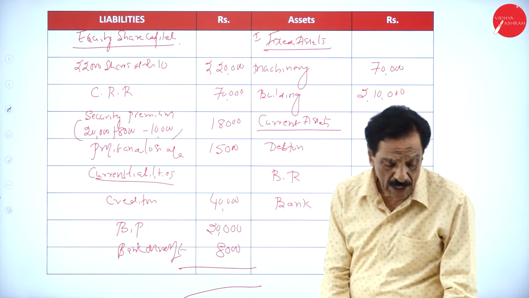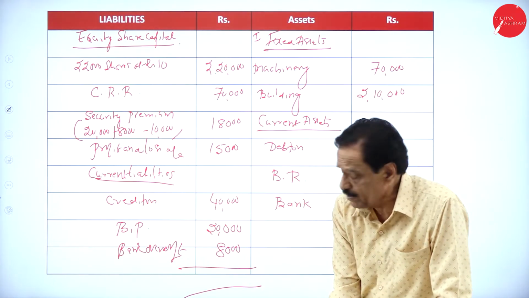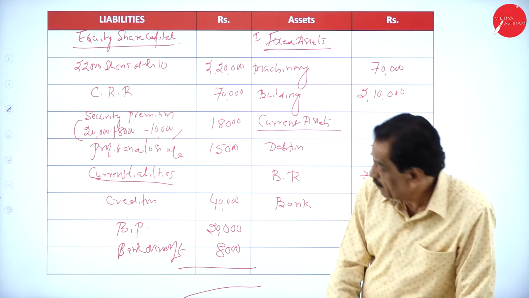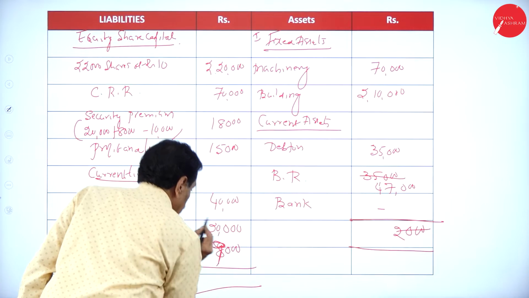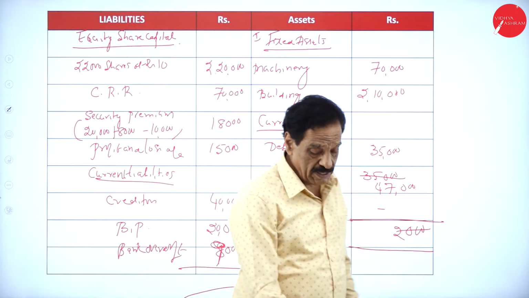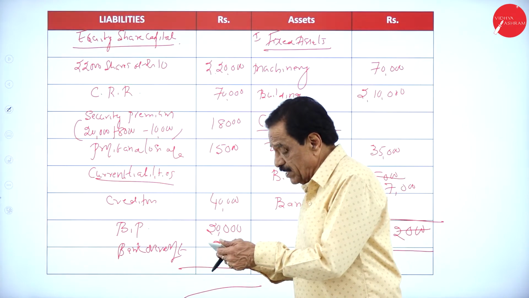Here 2,20,000, 18,000, 15,000, 60,000, and the bank overdraft is 9,000. So 3,92,000.